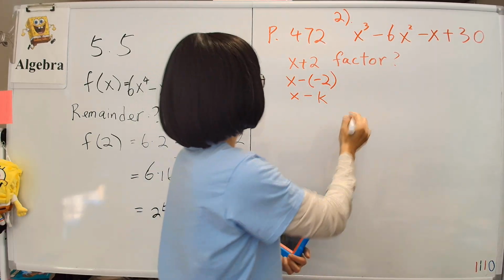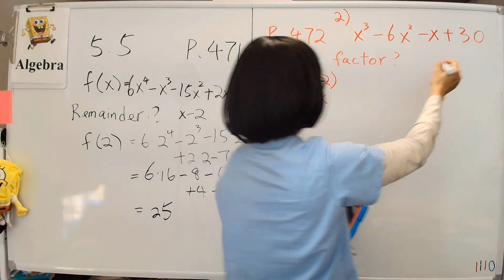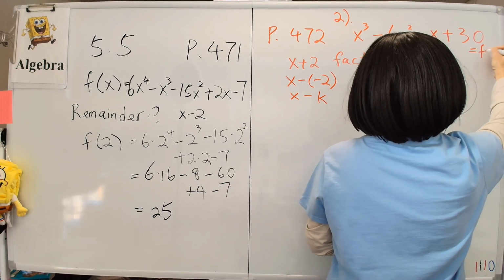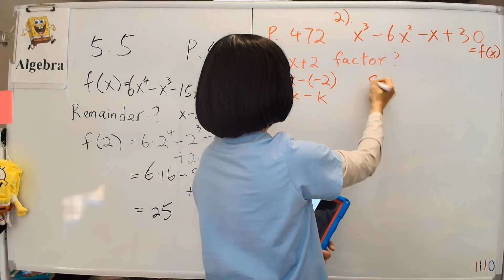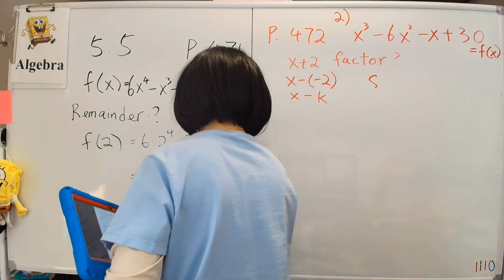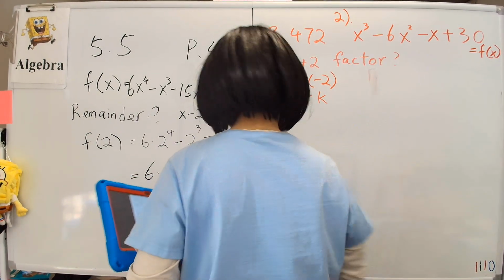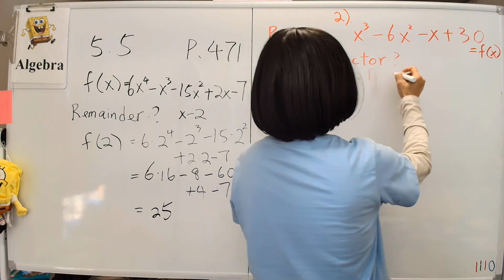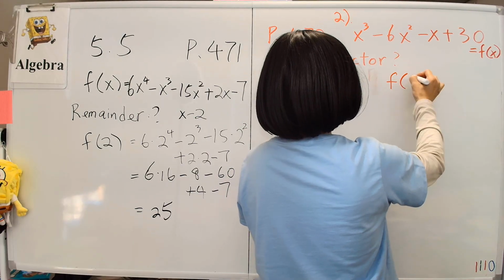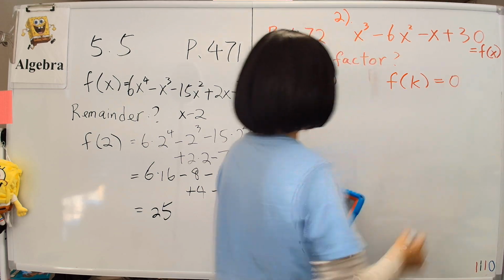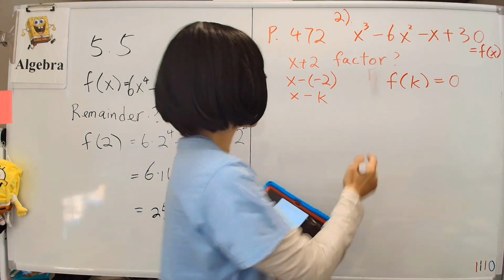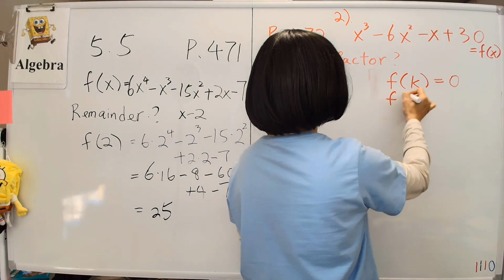We need to plug in f of k, where f is the polynomial. We're going to show that f of k equals 0. If that is the case, then x plus 2 is a factor. In this case, k equals minus 2.